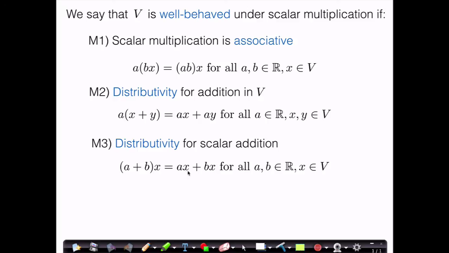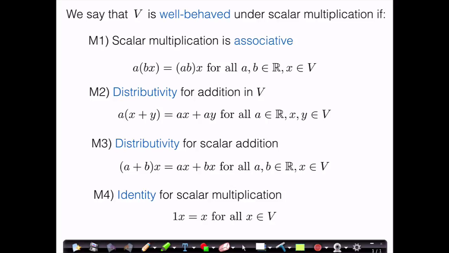So these are both elements of V, and then add those two elements of V. So again, these are just fairly natural properties, nice properties that we want scalar multiplication to satisfy. The final condition is that if we take the real number 1, that it doesn't change an element under multiplication. So for any element x in V, when we multiply it by 1, it is just x.